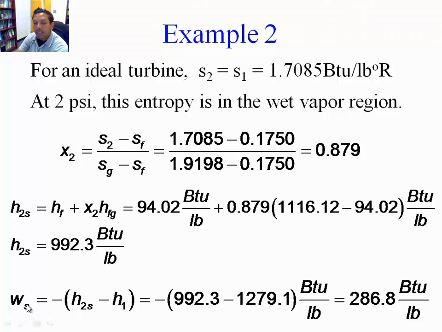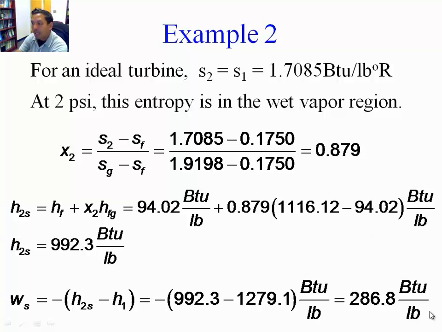Then we can calculate the ideal specific work. Remember that work is equal to minus the change in enthalpy, minus delta H. It's 992.3 minus 1279.1. That yields 286.8 BTU of energy for every pound of steam that passes through this turbine, ideally.